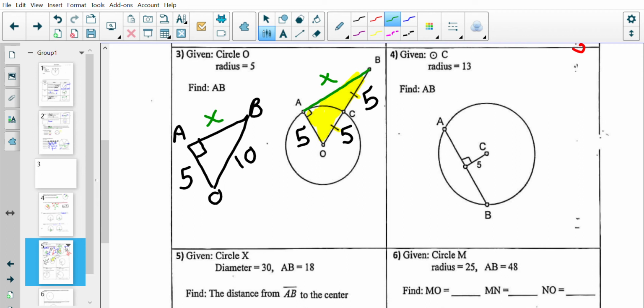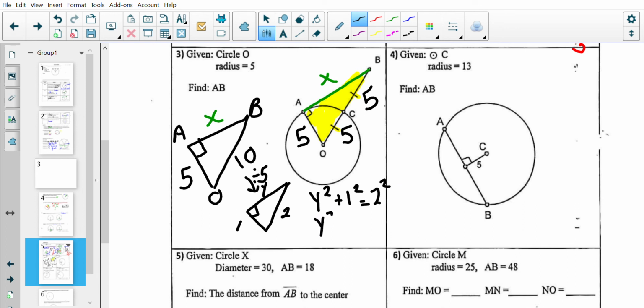So you can absolutely reduce this triangle. This is not a triple. You can reduce this triangle, divide by 5. And we'd have a 1 and a 2. Let's call this side Y. And I'm going to say y squared plus 1 squared equals 2 squared. So we're going to have y squared plus 1 equals 4.